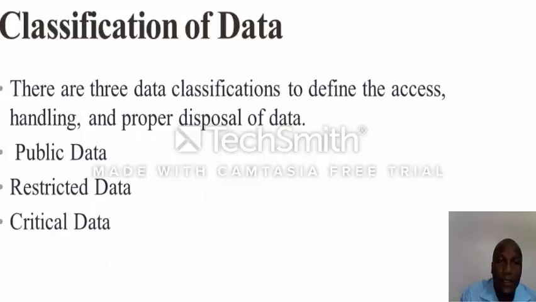Classification of data: there are three basic fundamental data classifications that can be defined, governing the access, handling and proper disposal of data. We have public data, restricted data and critical data. We are going to explain them accordingly.